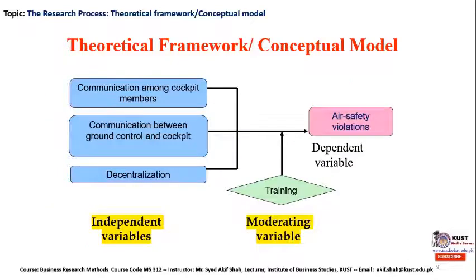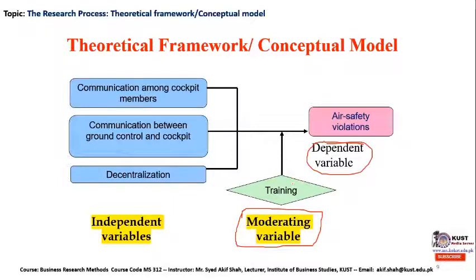This is the third case where another researcher may also develop the relationship amongst the variables in this fashion to treat the training variable of the employees as a moderating variable, and a moderating variable is the one, as previously explained, which actually influences the relationship between the independent variables and the dependent variable.